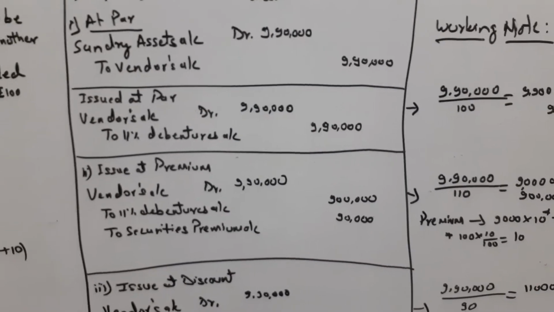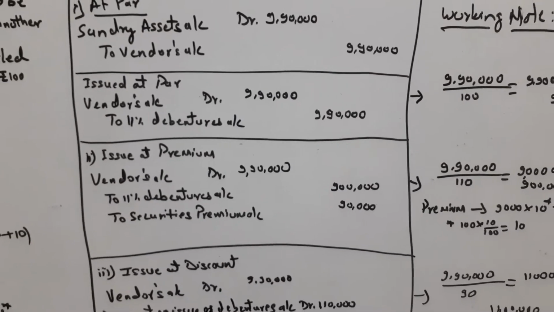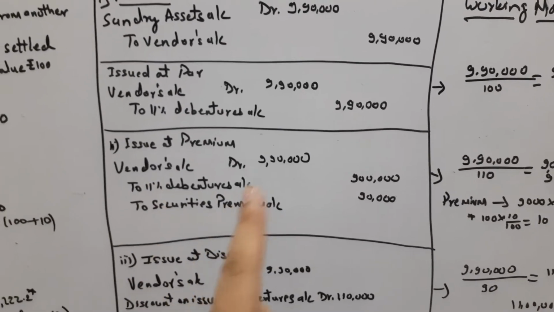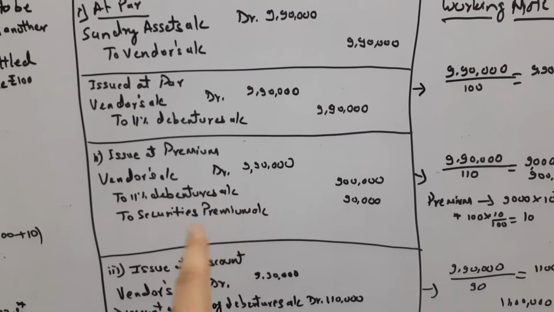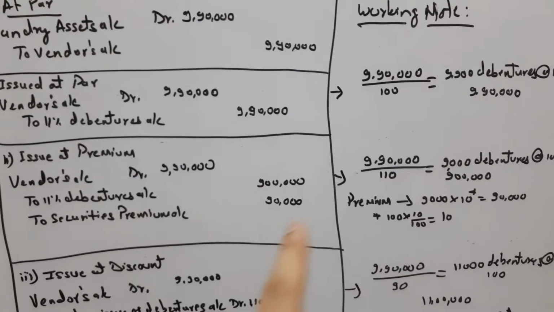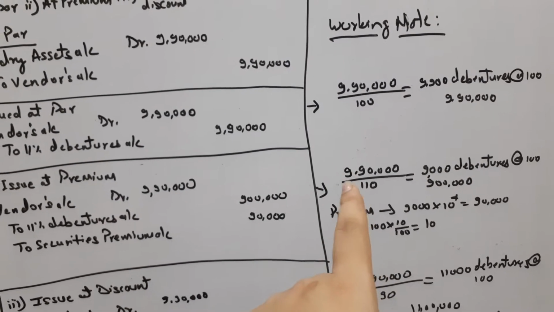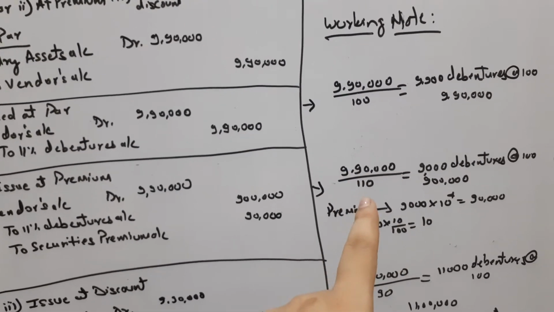Now the next part, if it is issued at premium. So vendors account debited to 11% debentures account and securities premium account, since it is a capital receipt. Again we will write the same formula, purchase consideration divided by issue price.